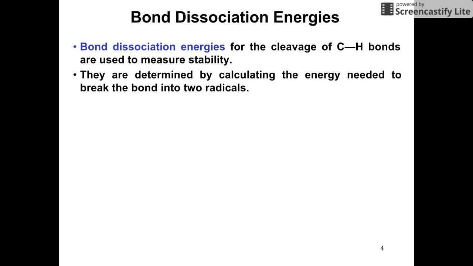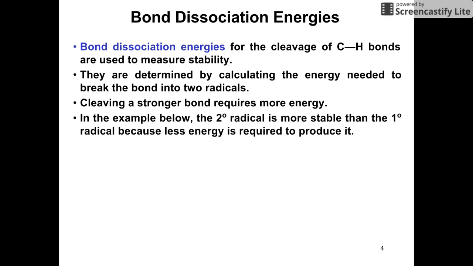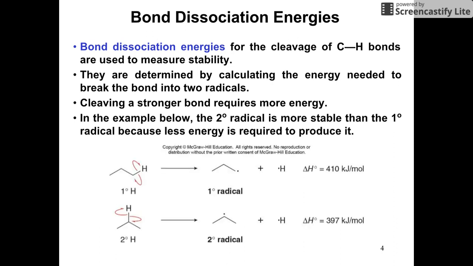This allows us to calculate the amount of energy required, and breaking stronger bonds requires more energy. If we look at this example here, the secondary radical is more stable because less energy is required to produce it. It's easier to produce.